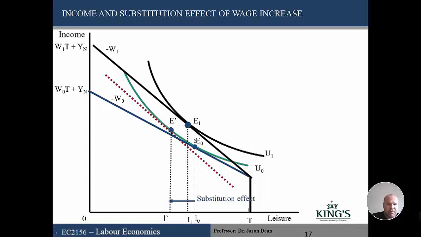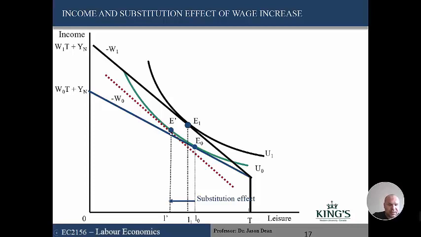Moving from E0 to E prime shows you the change in their decision based solely on the difference in the wage. The wage was W0 here, we would like to be here, and if the wage is W1, the steeper line, we would like to be at E prime.